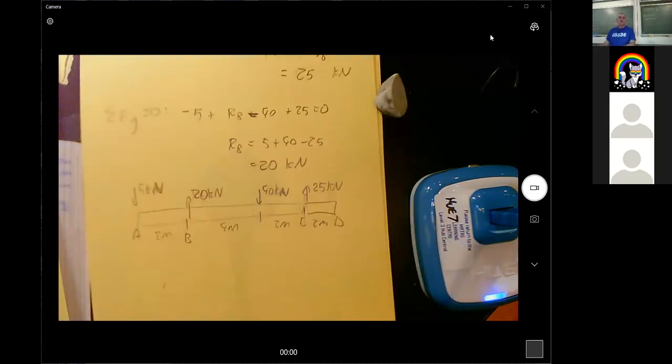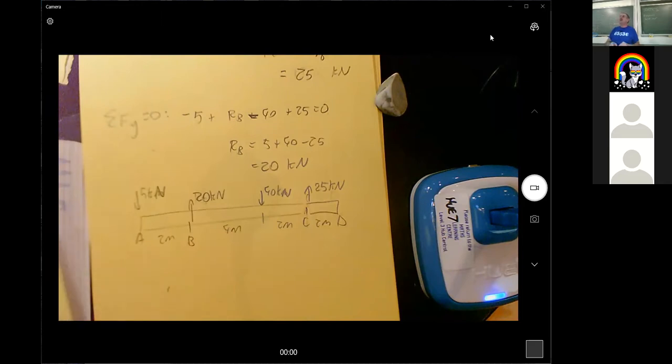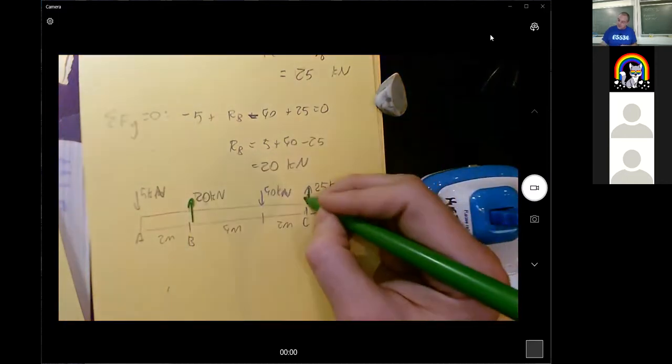I really should, I'm going to lose that if I put it in the wrong spot. Okay. And so I've forgotten what the goal was. Oh, to figure out the reactions. I did that. Okay. So now I've got the reaction forces. I'm going to color code them because they were reactions.